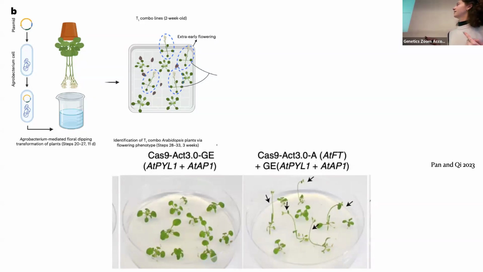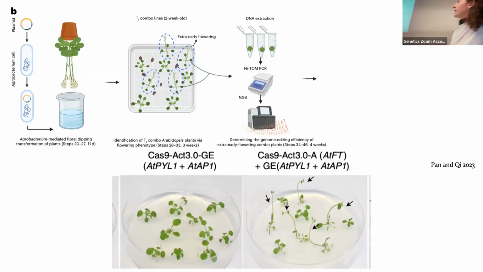Then you have lots of extra early flowering plants, and those are the plants that you know are transformed with your Cas9 construct, hopefully all of it. And then you can extract DNA and figure out which of these plants are actually edited, because this means that the FT was in there and that it was working, but it doesn't necessarily mean that they have the edits in them.